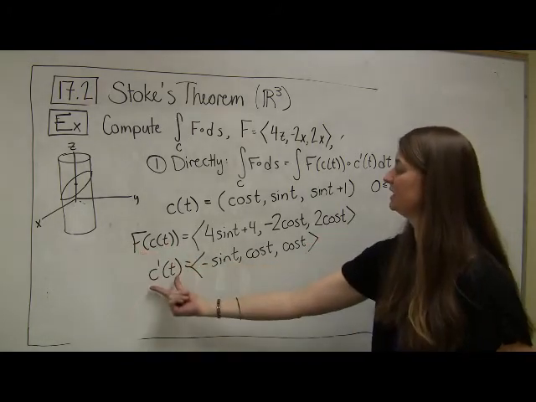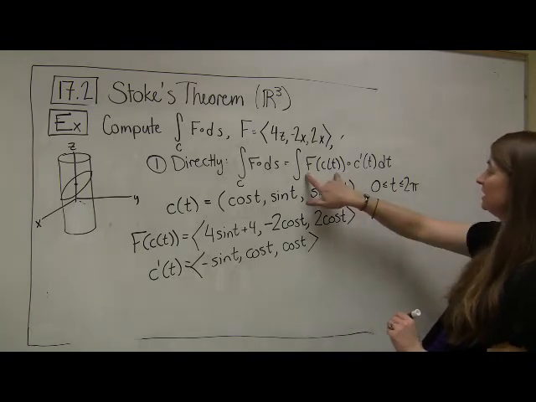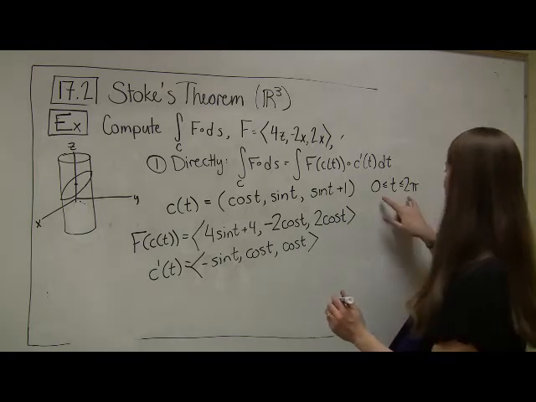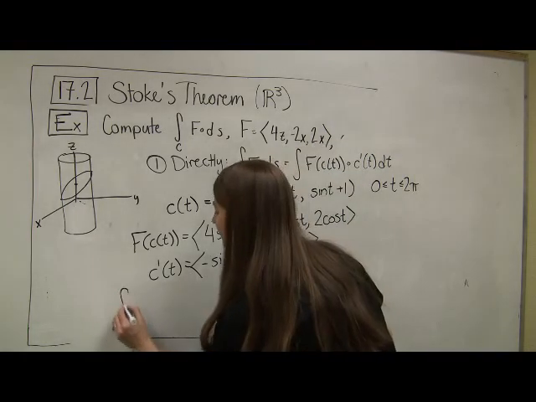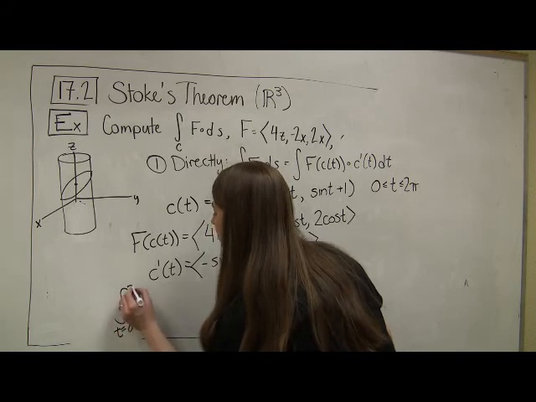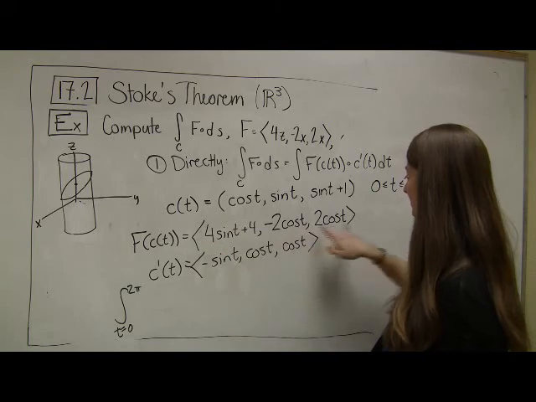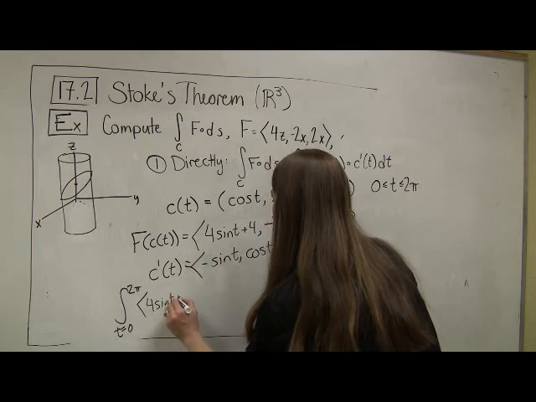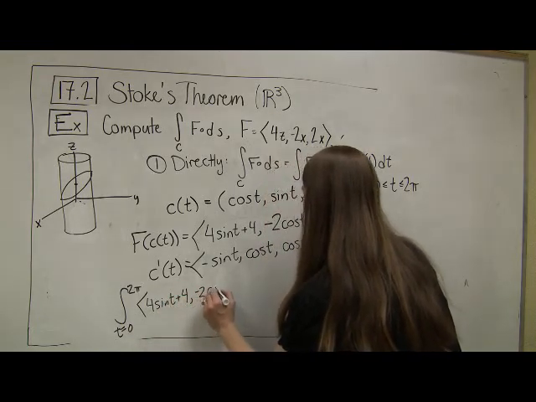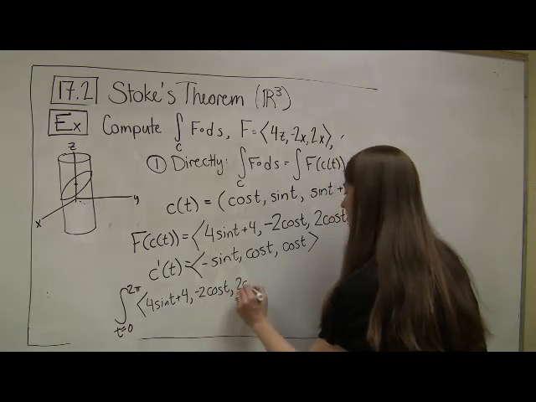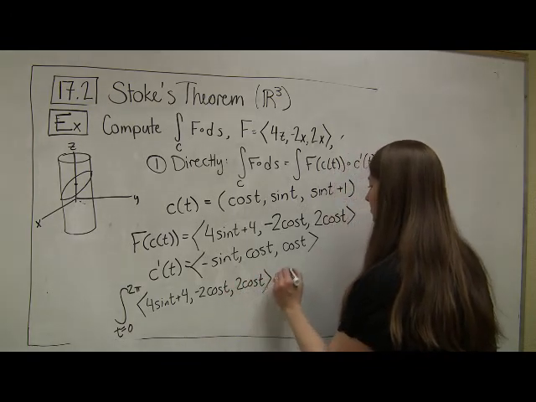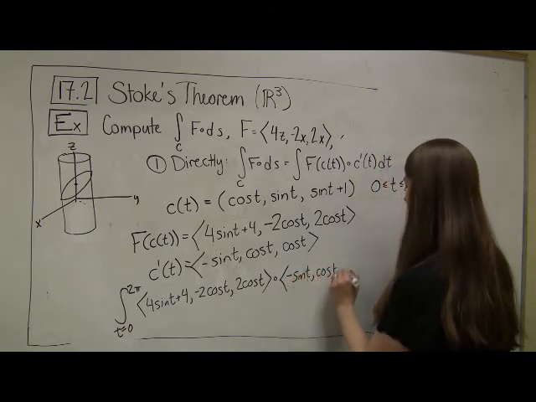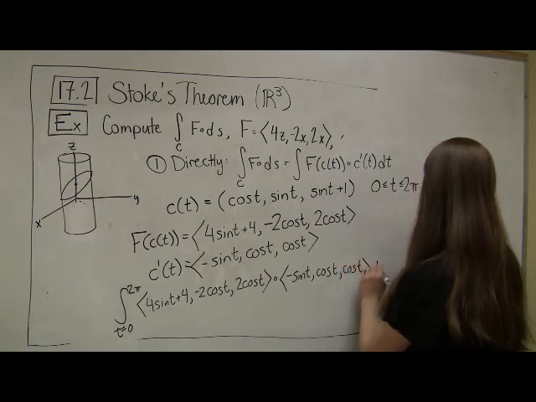So I have my F of c of t, I have my c prime of t. To compute the vector line integral, I need to take the dot product of these two things and integrate as t goes from 0 to 2 pi. So my final setup for the integral is the integral from 0 to 2 pi of F of c of t, which is this long messy thing, (4 sine t plus 4, negative 2 cosine t, 2 cosine t), dotted with (negative sine t, cosine t, cosine t), dt.